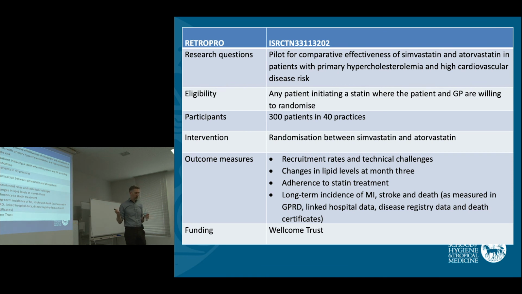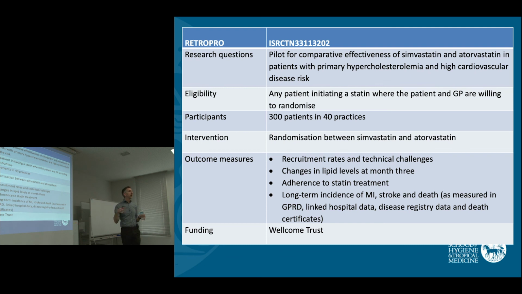Here's a trial that was done a few years ago within the Clinical Practice Research Data Link. And the idea was that it was a pilot for future trials, just to show that this was a possible thing to do within the database. And it was basically looking at randomising people to either atorvastatin or simvastatin.